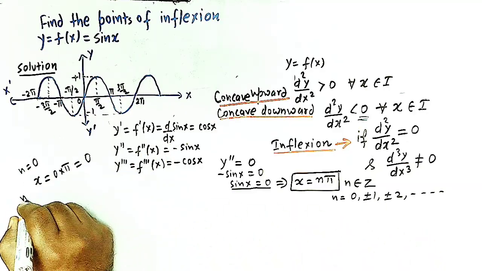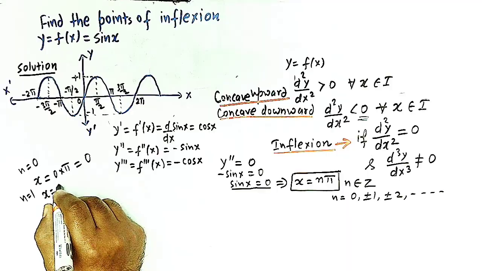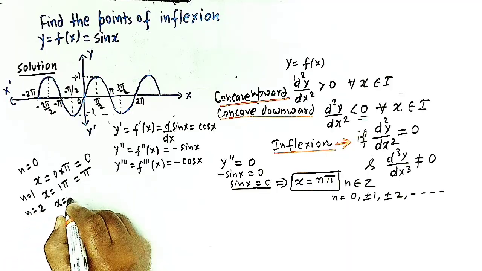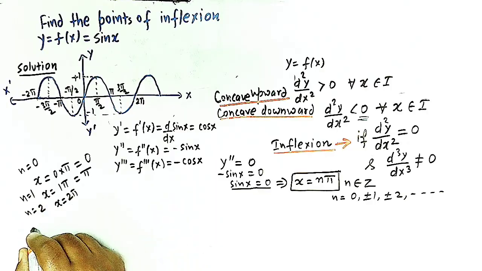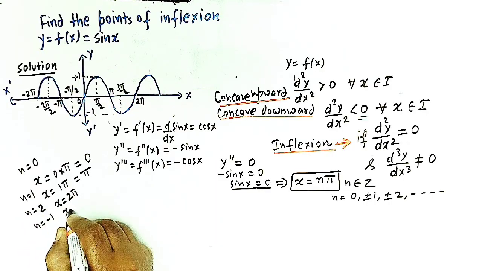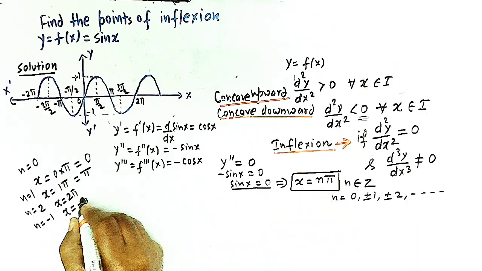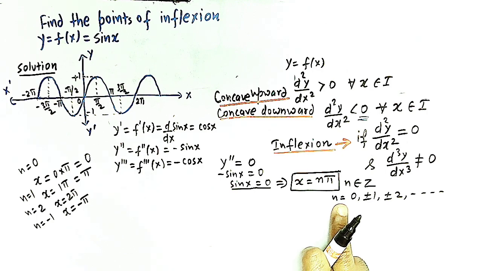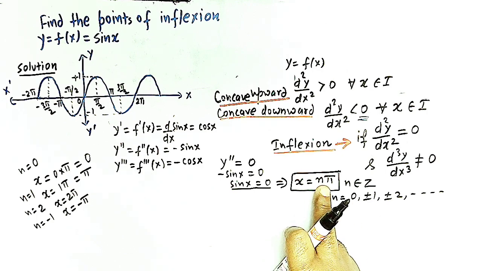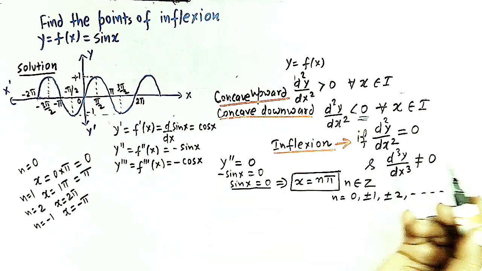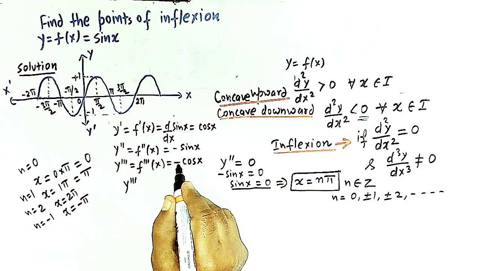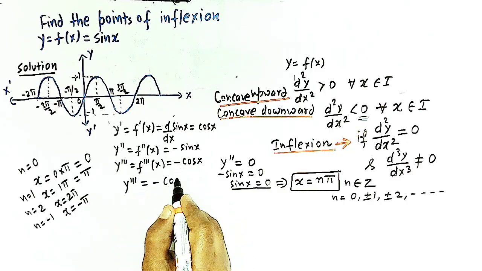Similarly, for n is equal to 1, we have x is equal to 1 pi, that is simply pi. For n is equal to 2, we have x is equal to 2 pi. And similarly, for n is equal to minus 1, we have x is equal to minus pi, right, and so on. We can go on substituting the values of n in this equation, and we can get the points of inflection, right. And here the third derivative, that is y triple prime, is minus cosine x.